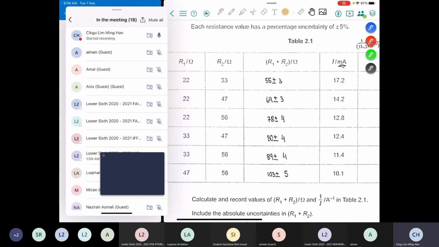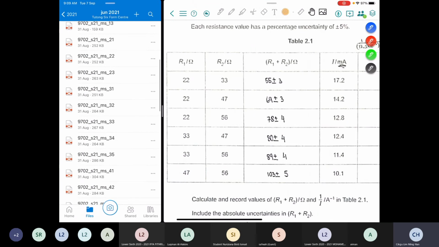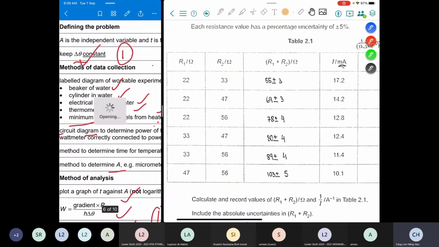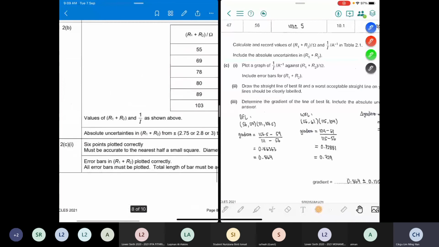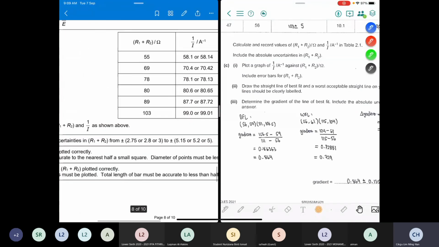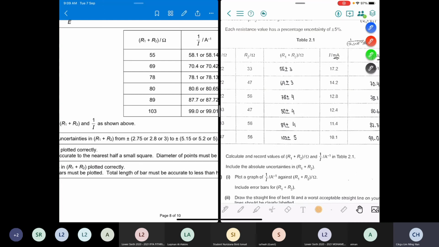So let us check the uncertainty from the mark scheme, whether Fatin got the correct one or not. This is 2021 June question 2. So we look at the uncertainty from the mark scheme. Here we are. So this is Fatin's one. So all these values are correct: 55, 69, 78, 80, 89, 103 is correct.